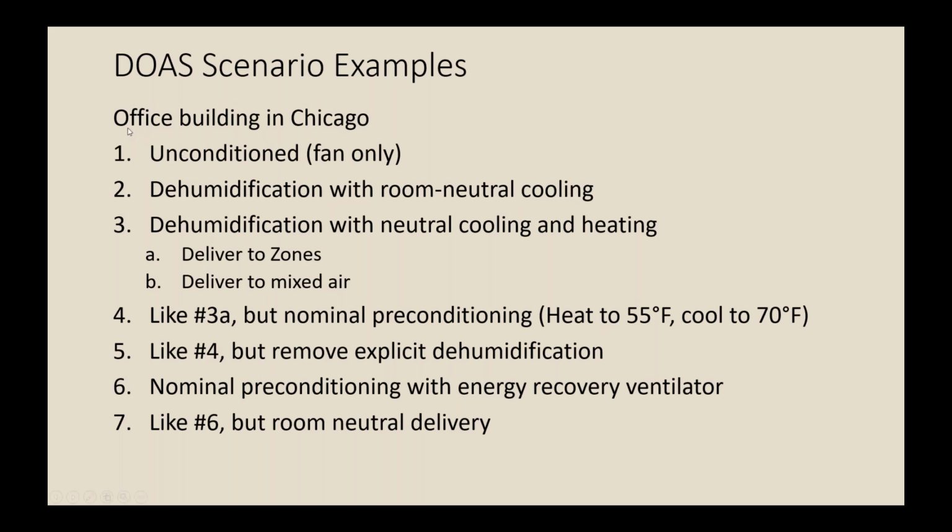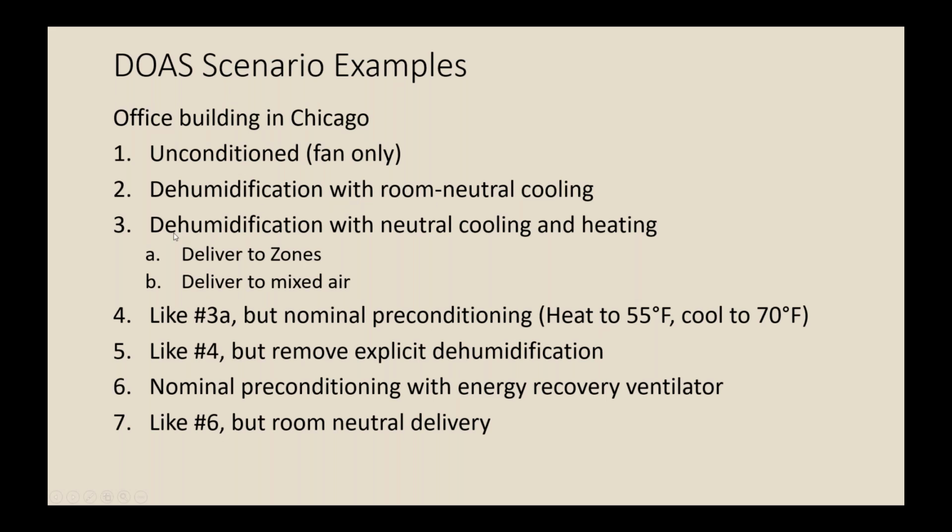Again, the 0 case is no DOAS system. The number 1 case is a DOAS with no conditioning, so there's no heating or cooling coil or heat recovery in it. It's just got a pair of fans to blow air in and out of the building. Number 2 is dehumidification, so now there's a cooling coil with room neutral cooling.